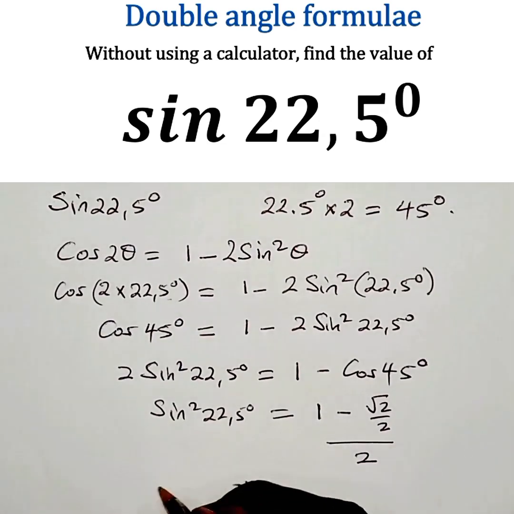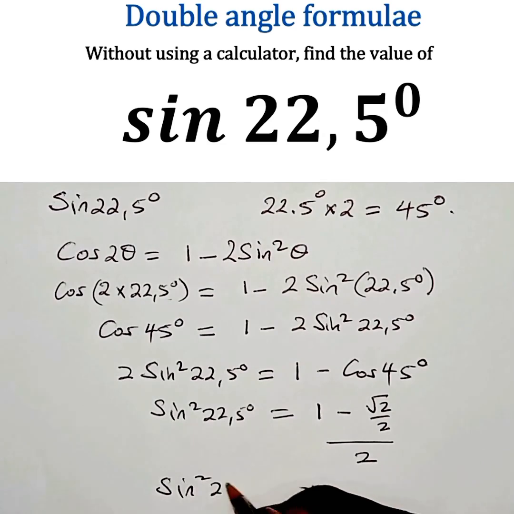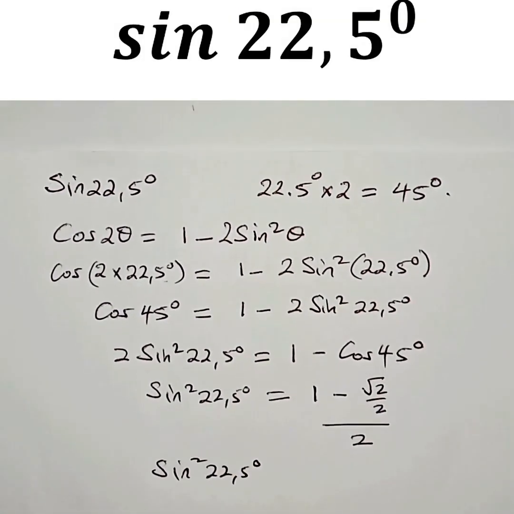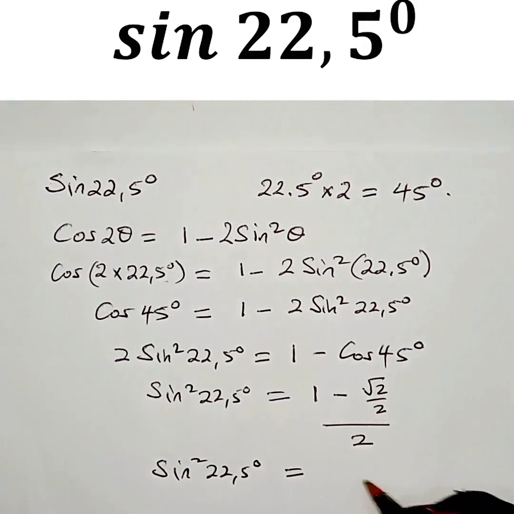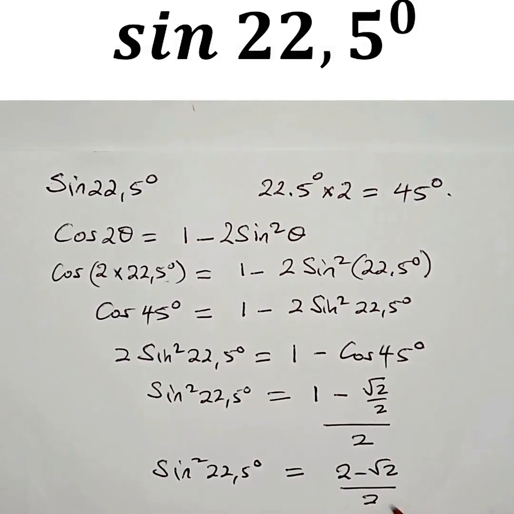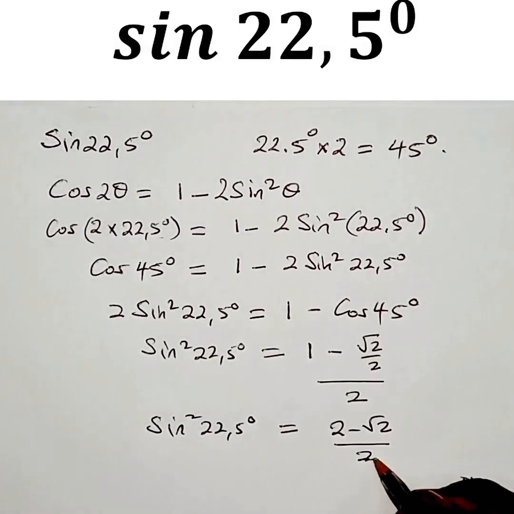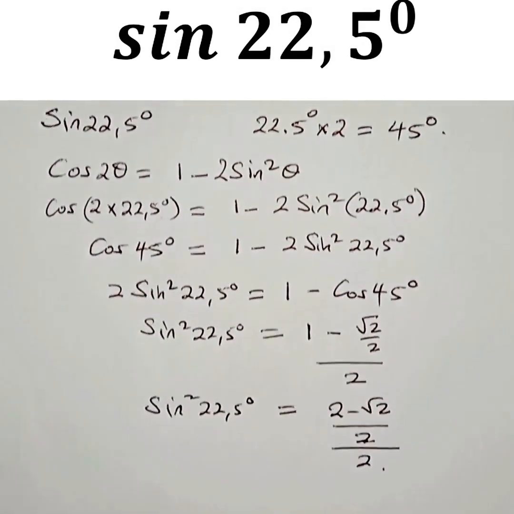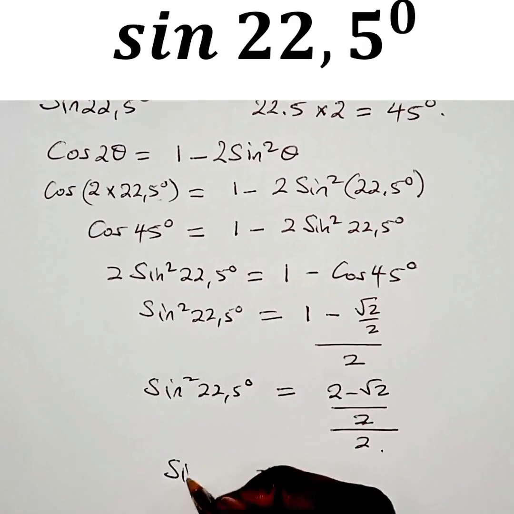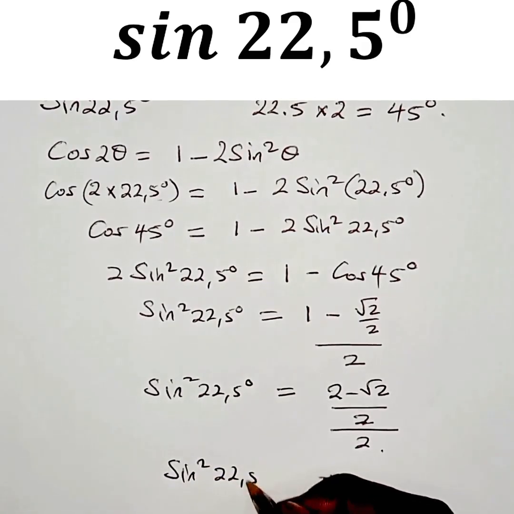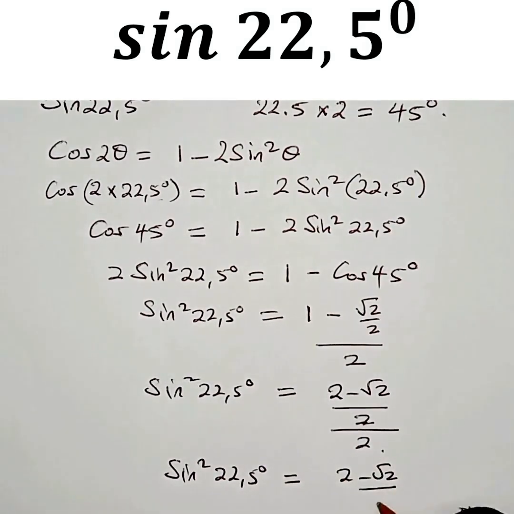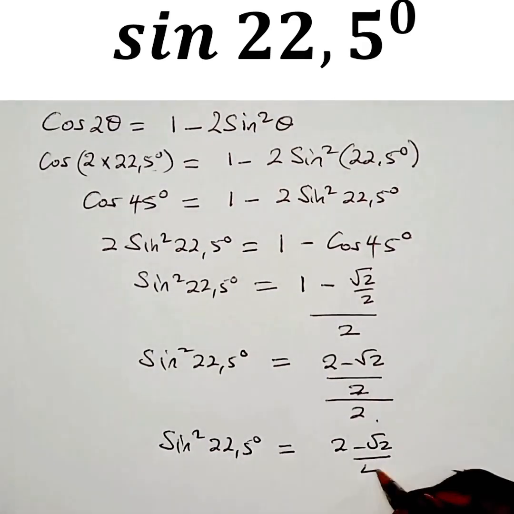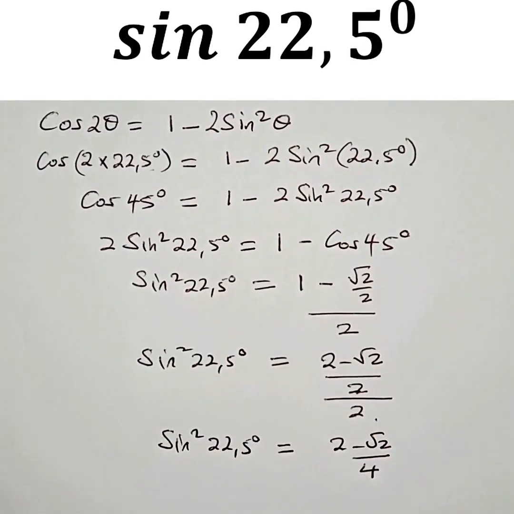Okay, so we're going to have sine squared 22.5 degrees, and that is equal to, now if we add using the methods of adding fractions, we are going to have 2 minus root 2 divided by 2, and that is also being divided by that 2. So we are going to have sine squared 22.5 degrees is equal to 2 minus root 2, then that's being divided by 4. You remember when you simplify fractions.